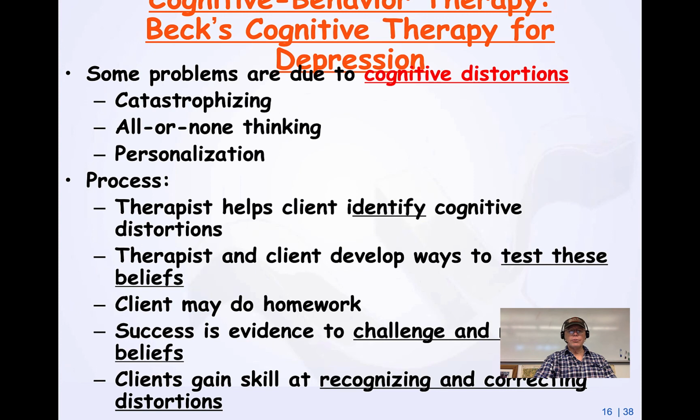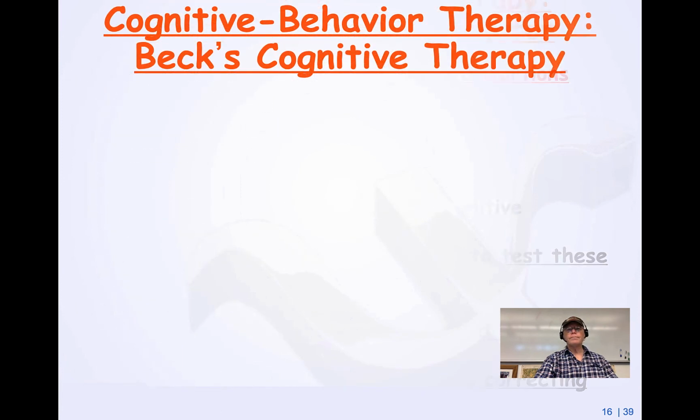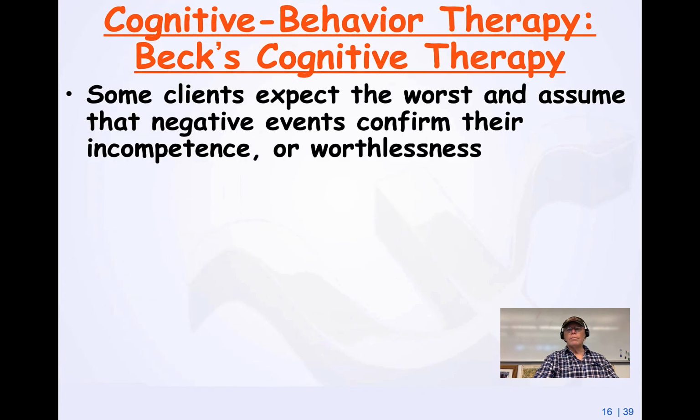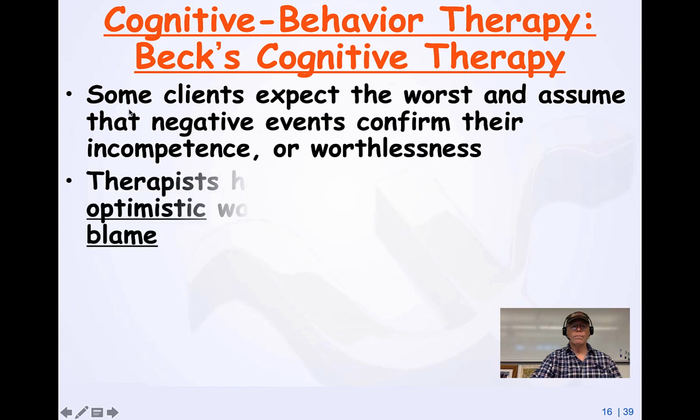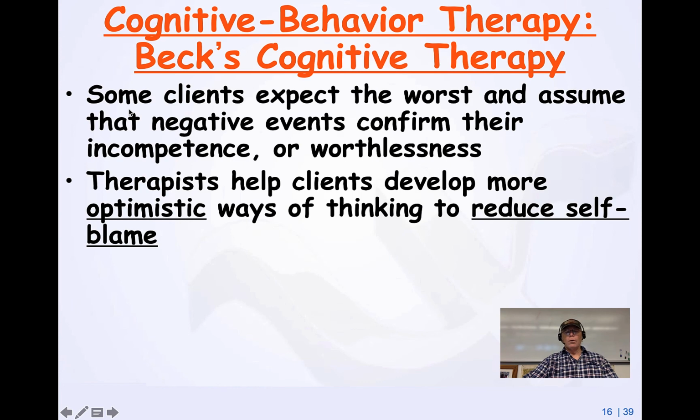Reorganizing, connecting, correcting distortions. We already got that. These are just some statements about REBT, or cognitive therapy. Beck's therapy is more about optimistic ways of thinking and reducing self-blame. Again, this is all in the client's mind.